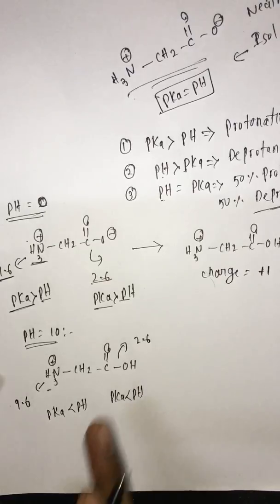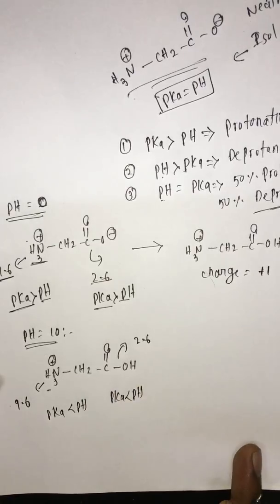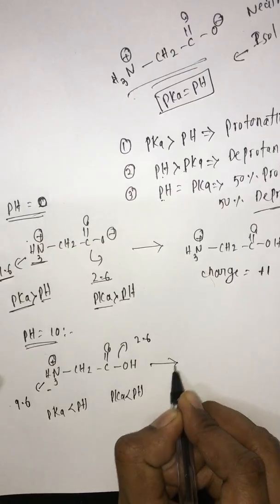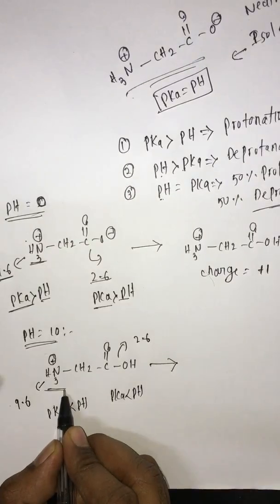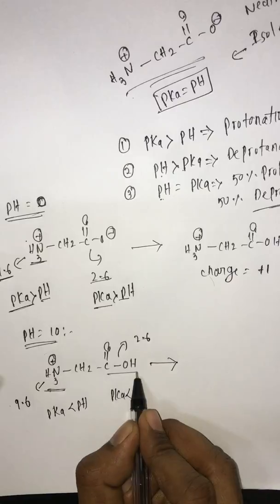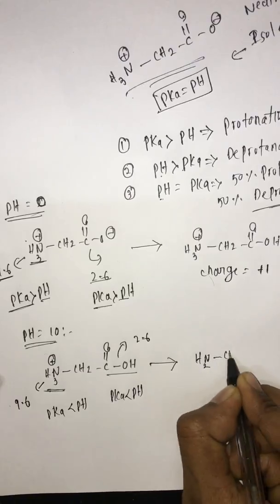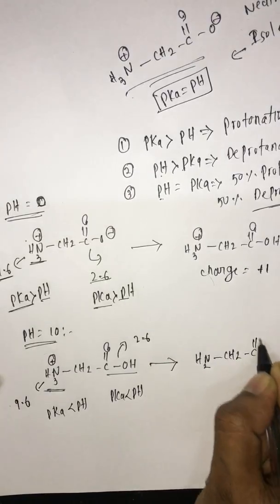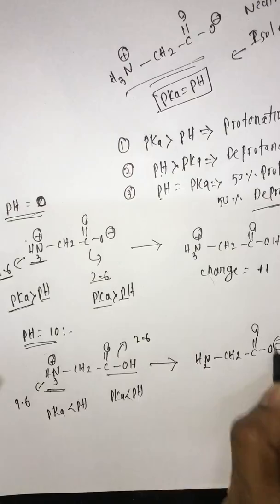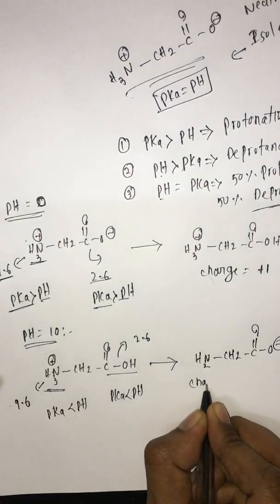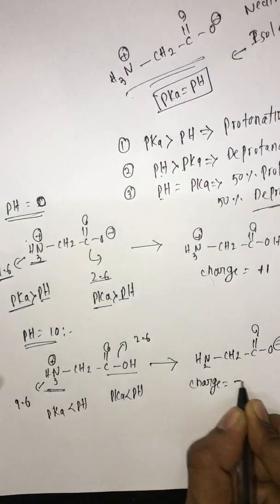That means in both cases deprotonation will take place. After deprotonation, NH3+ gets converted into NH2, and the carboxylic acid is converted into COO-. So now we will have NH2 CH2 COO-. Here, if you see, the charge will be negative.